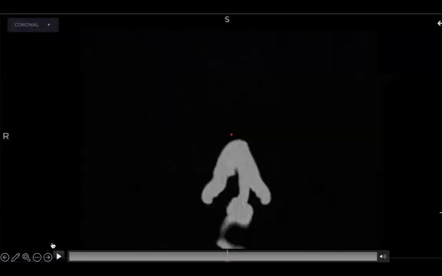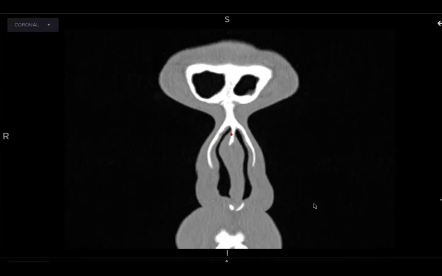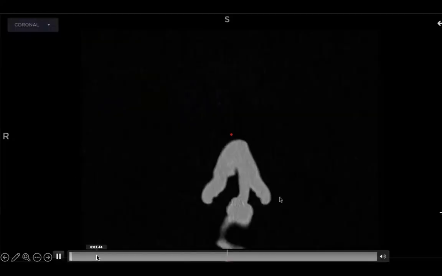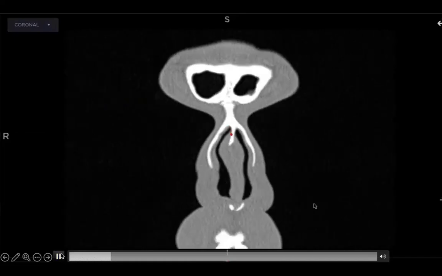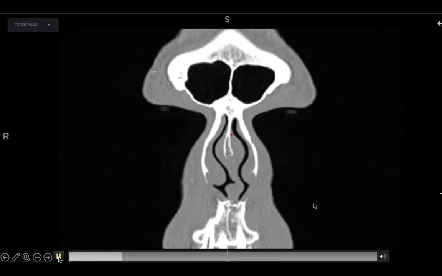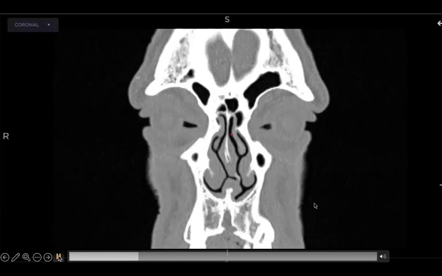So actually, I'll go back and let's see if I can stop it at the particular spot here. I keep sliding back. Let me see if I can find the spot I want. So right there. Okay, so when I look at this spot here, I see that the frontal recess is actually very complex in this patient.